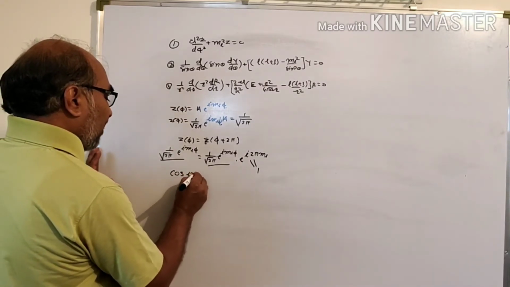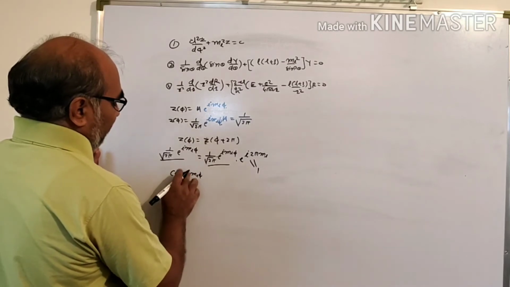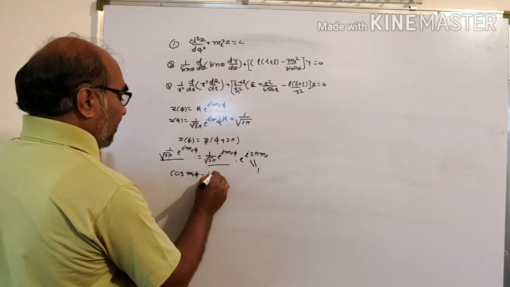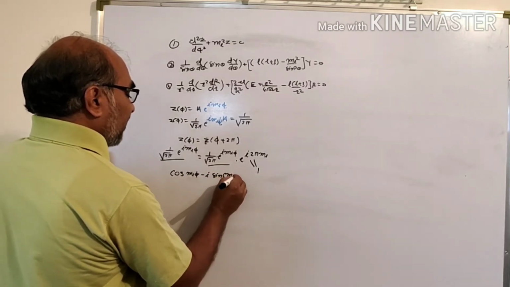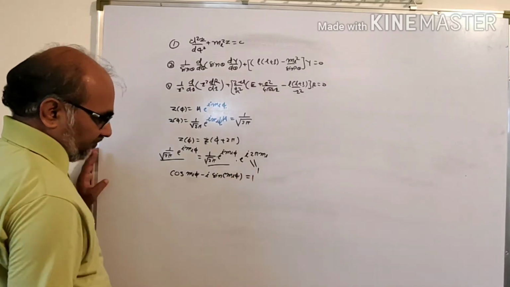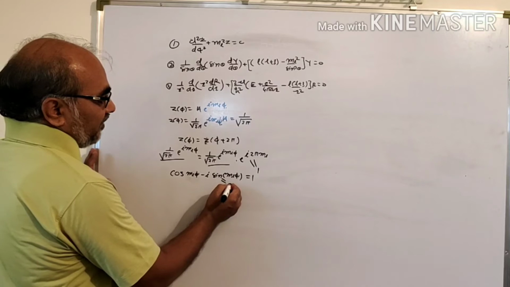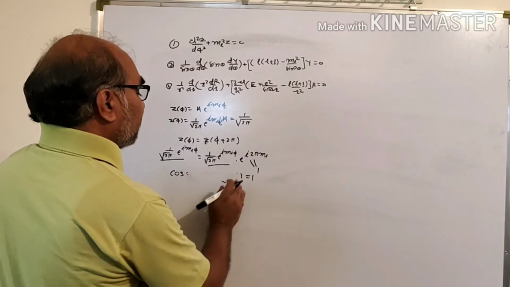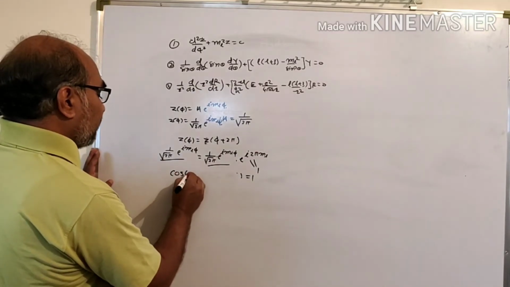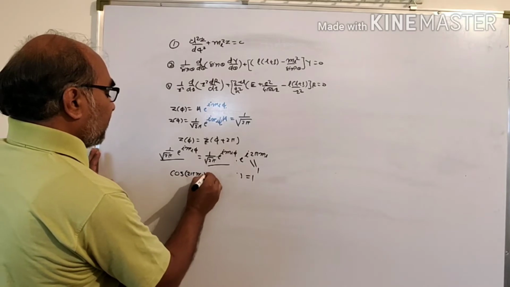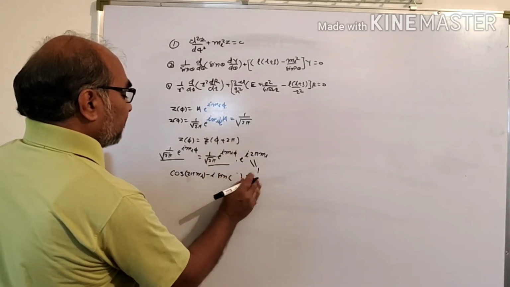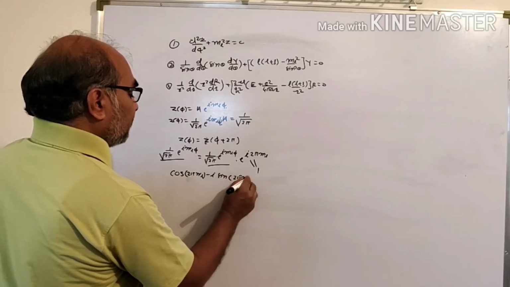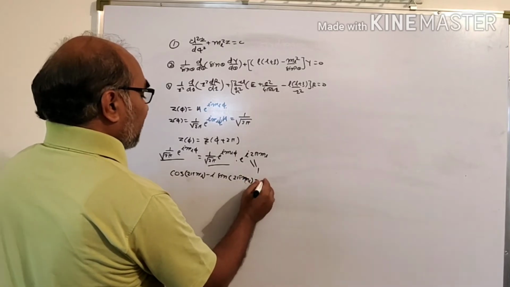That can be written as cos of ml phi minus i sin of ml phi is equal to 1. For the 2 pi angle, cos 2 pi ml minus i sin 2 pi ml is equal to 1.